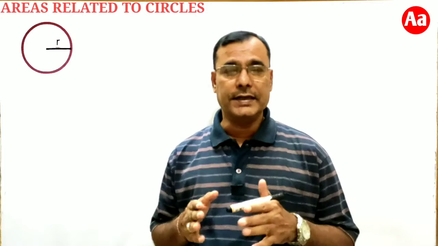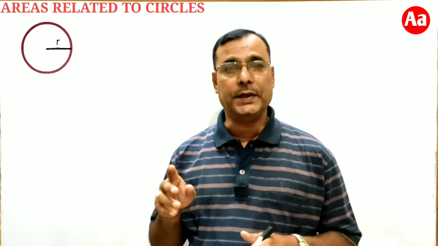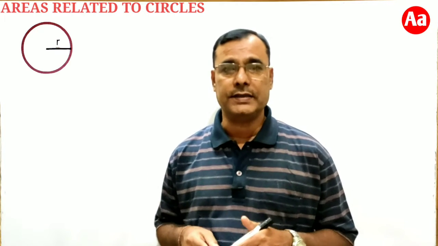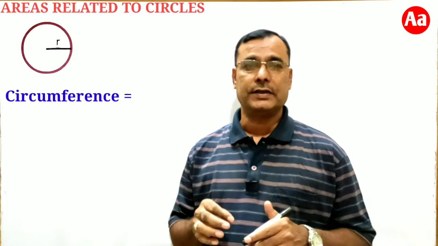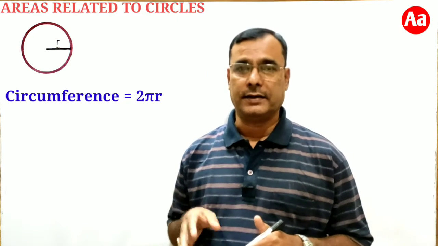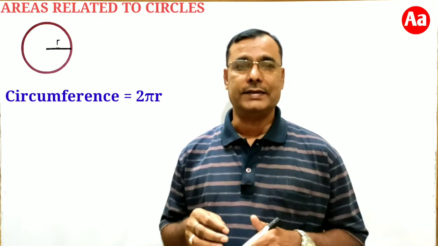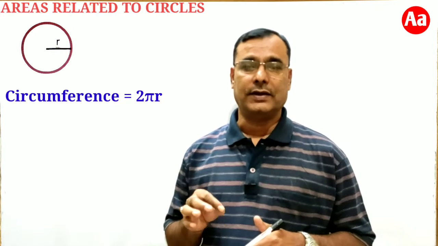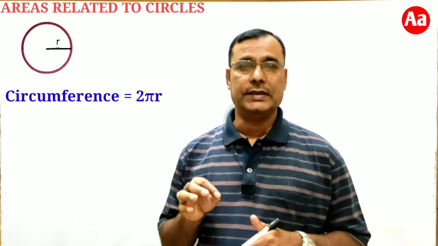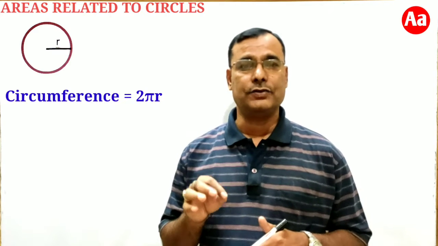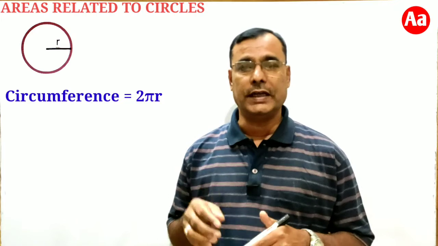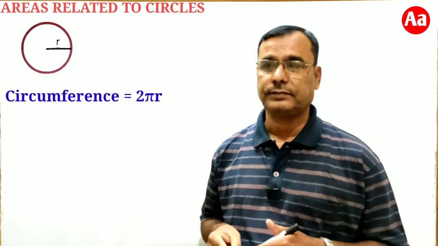If r is radius of a circle, then perimeter or circumference of a circle is equal to 2 pi r, where r is radius of the circle and pi is an irrational number, a constant ratio. It is defined as ratio of circumference to the diameter of a circle.